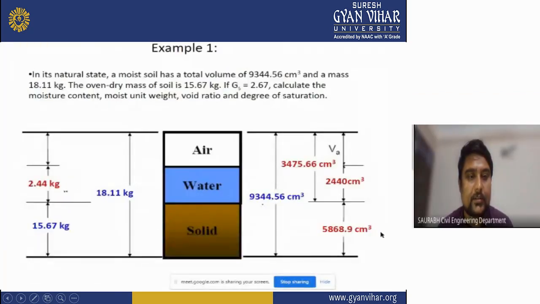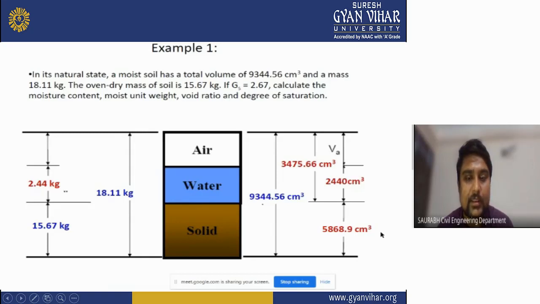For this numerical, you can see the total weight is given here, which is equal to 18.11 kg, the weight of solid is given as 15.67 kg, and the weight of water is given as 2.44 kg.